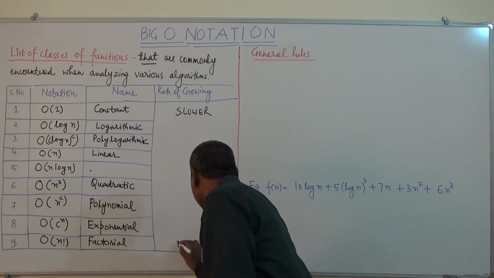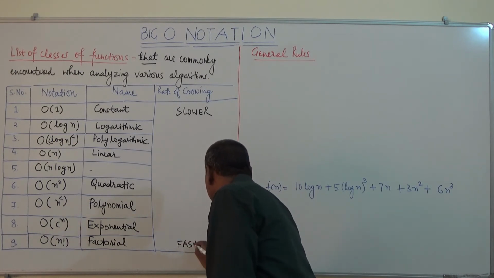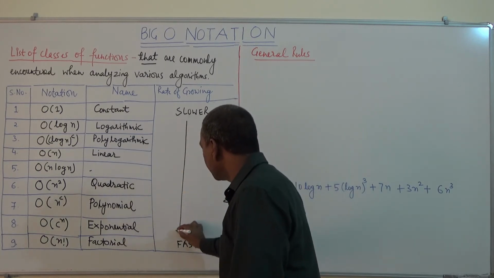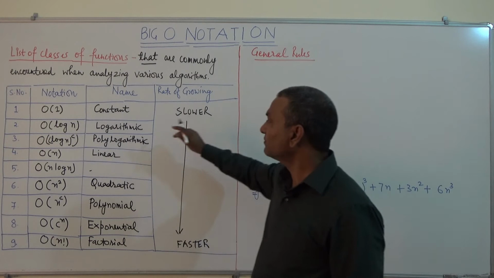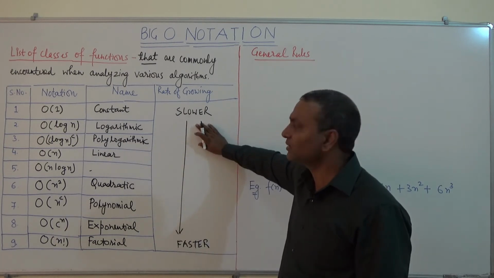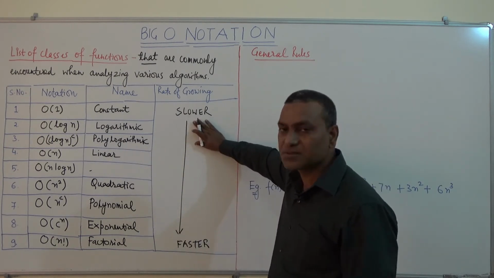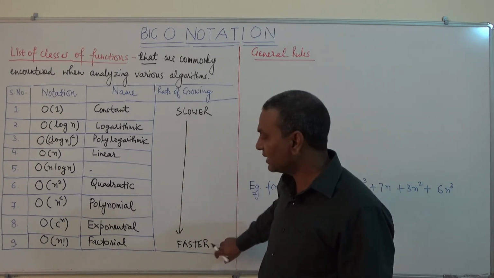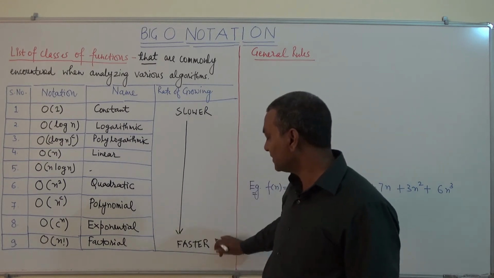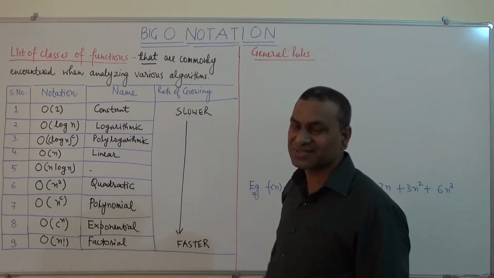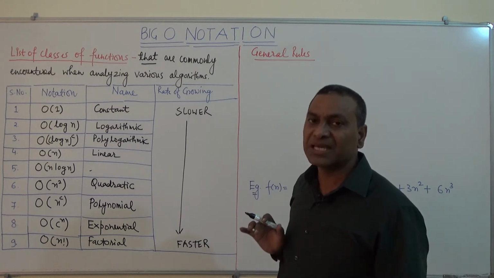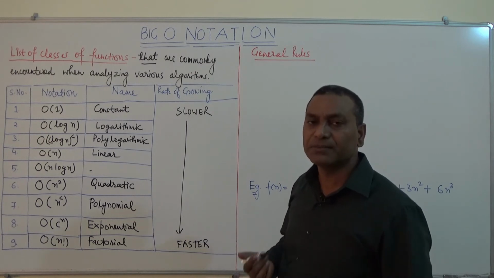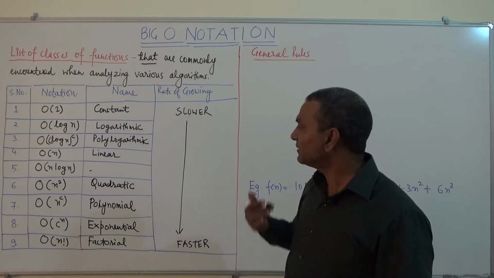So as we move from top to bottom, the algorithm at the top will be slower growing, and the algorithm at the bottom, like factorial, will be faster growing. This is a very important concept, with the help of which we try to find out the higher order term if various terms are given.